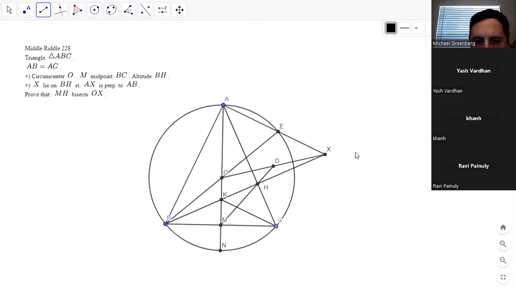We also have HK is parallel to NC. So HC over HA is equal to KN over KA. Now we know that KA is actually twice OM, and KN is twice MK. So we are done.